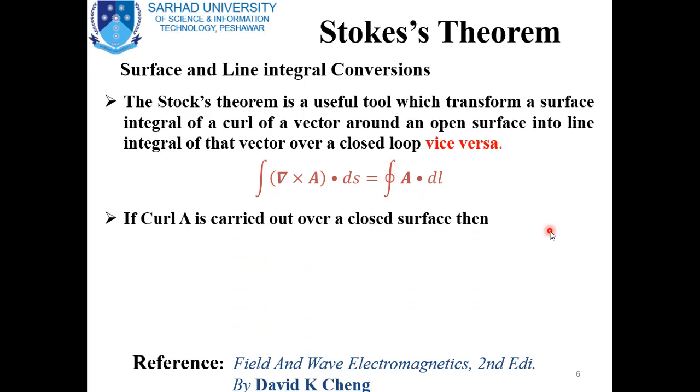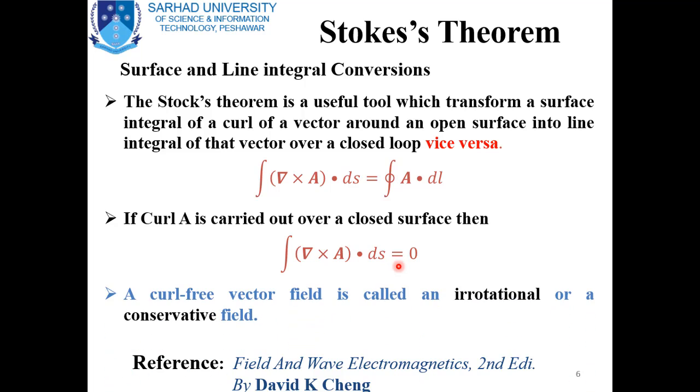And if the integral is carried out over a closed surface, then the right hand side of the above equation becomes 0. So we can say that the surface integral of a curl of that vector A is also equal to 0, and a curl free vector field is called an irrotational or a conservative field.